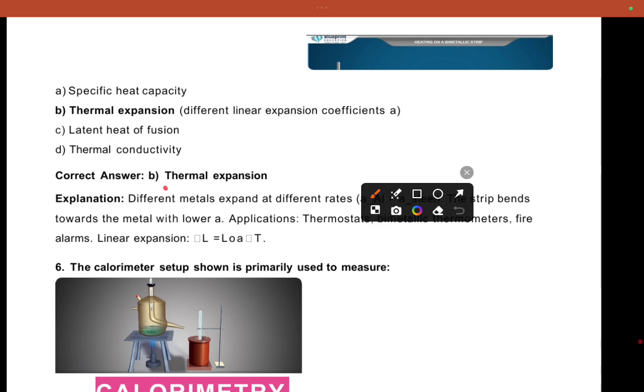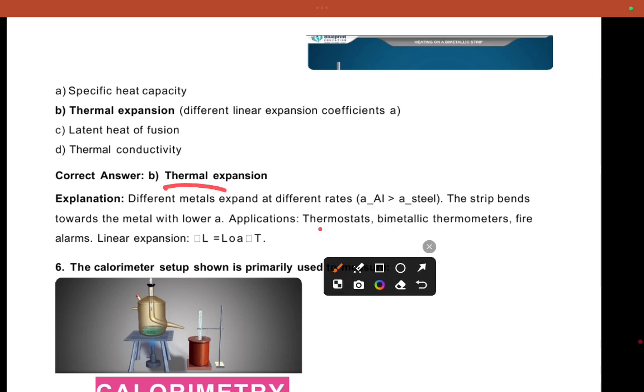So the thermal expansion phenomenon is used in the thermostat. A thermostat is just like electrical devices, and bimetallic strips are made of two different metals which have two different expansion characters. So that is our thermometer. These are nothing but the thermal expansion, different linear expansion coefficients. Based on that, the bimetallic strip is working.